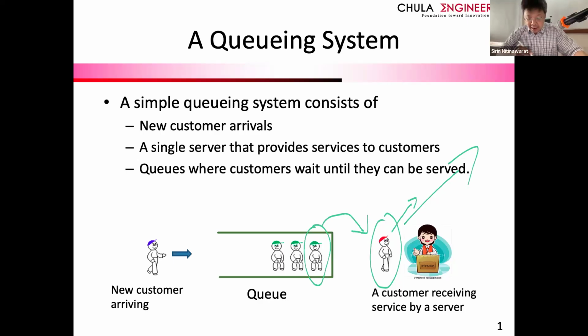The queue will shrink by one customer, and the next person will become the new head of the queue. And this process will continue throughout the life of the system.